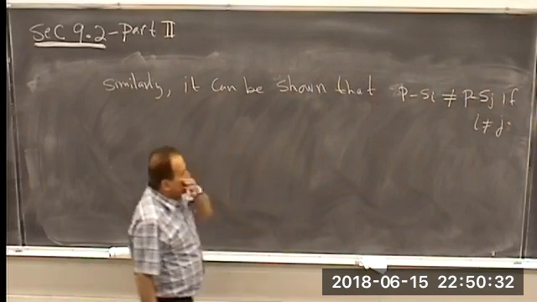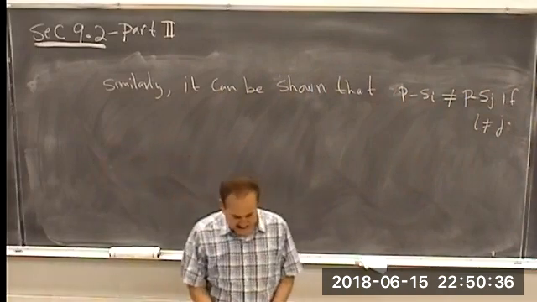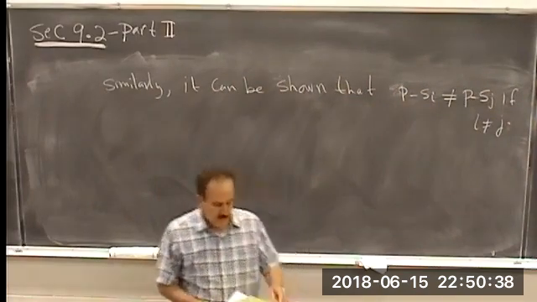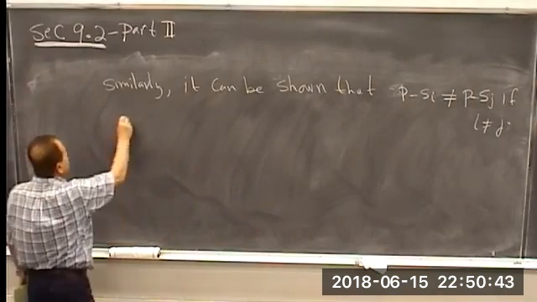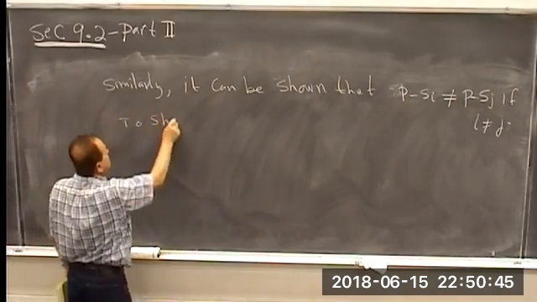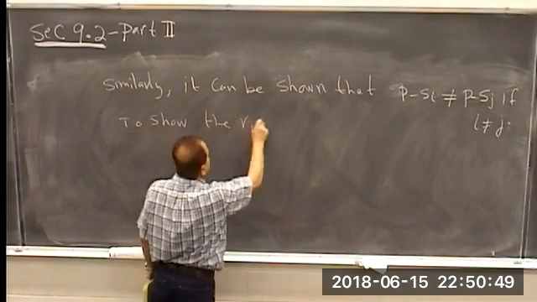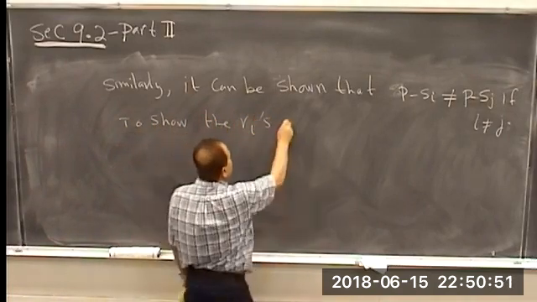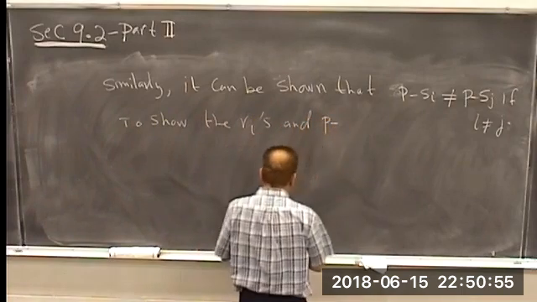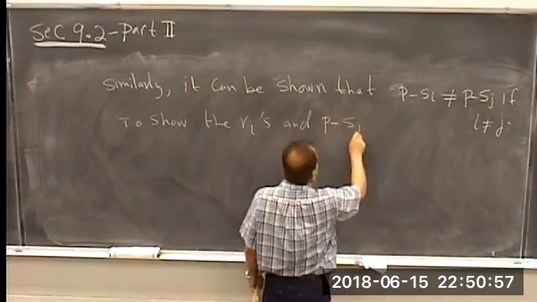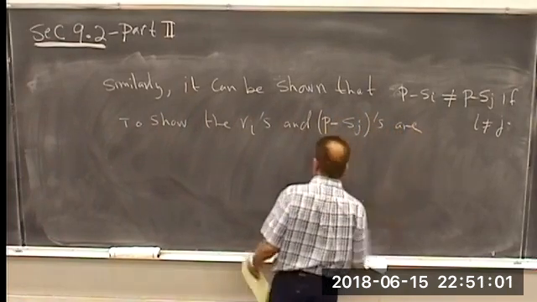One other thing we need to show, which I'm going to show also because it's slightly different, and that is this: the r sub i and p minus s sub j's are distinct.